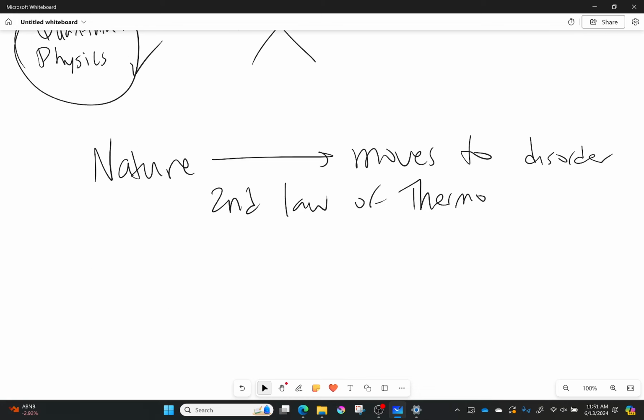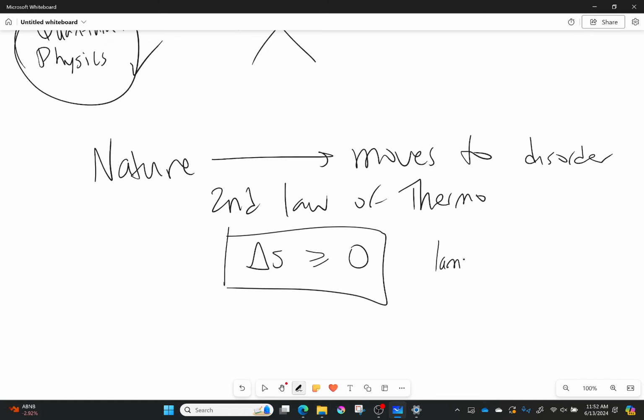The second law simply says that my change in entropy, which is chaos, a measure of disorder, is always greater than or equal to 0 for any process. Always, every single time. So we will go from laminar eventually to turbulent, because turbulent has more disorder, more chaos.